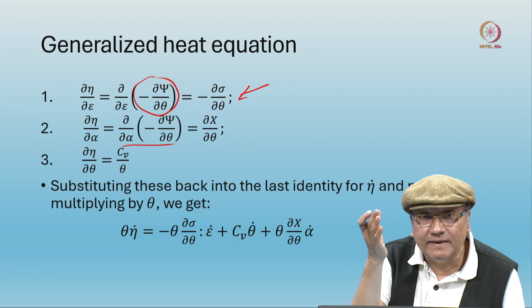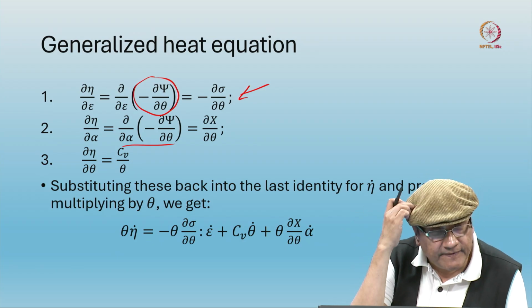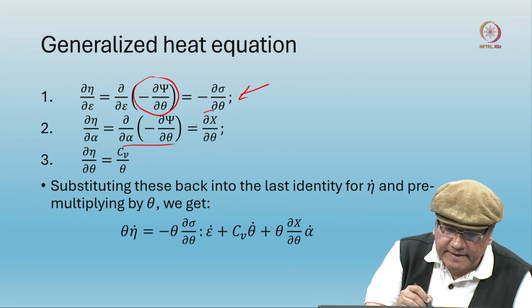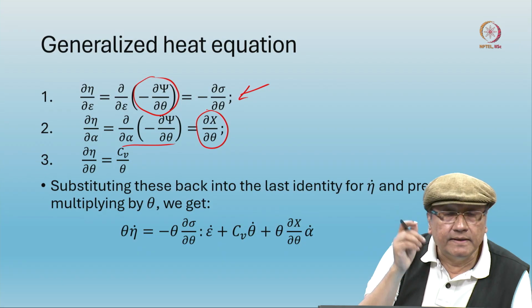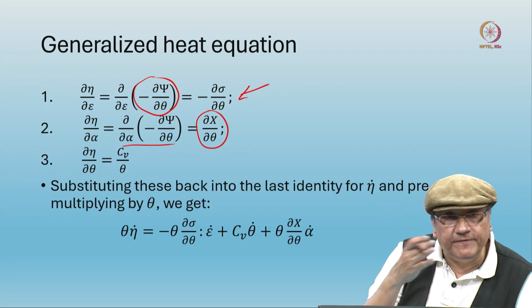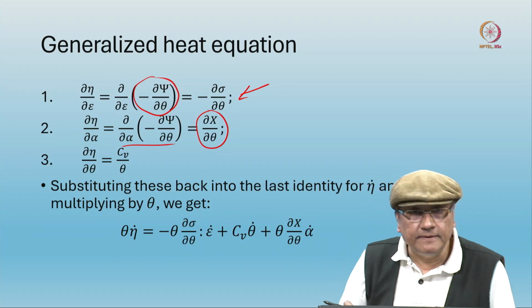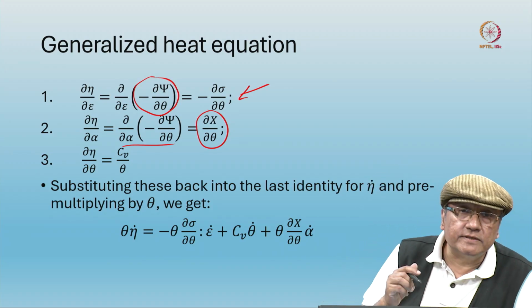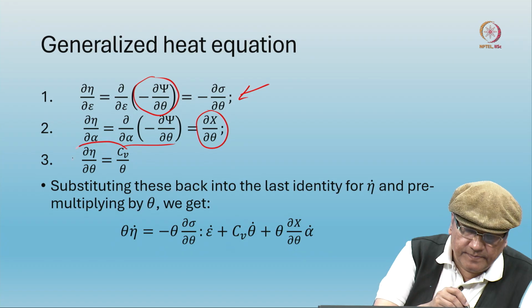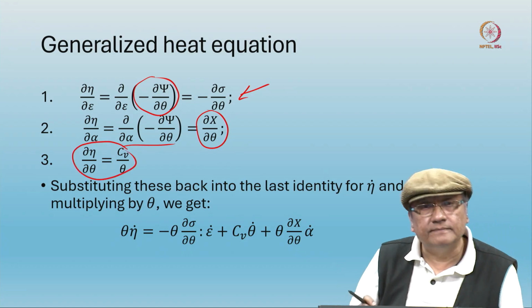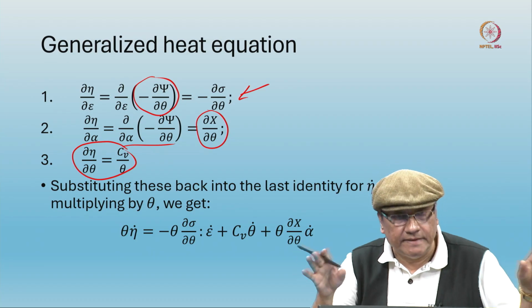You remember X is minus del psi by del alpha. So use that X to write this whole thing as del X by del theta. Similarly, finally, from the very definition of the specific heat Cv at constant volume, we have this relationship, which we showed to be valid some time back.